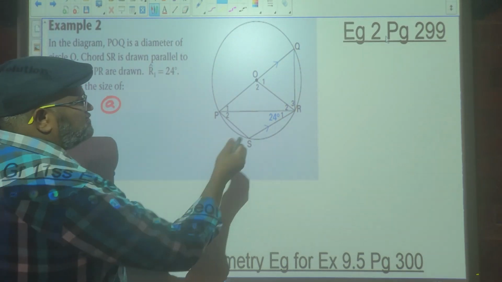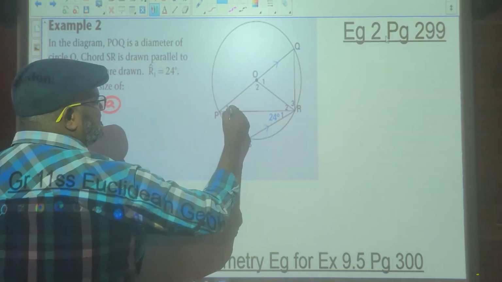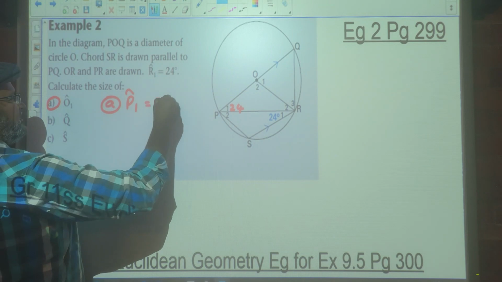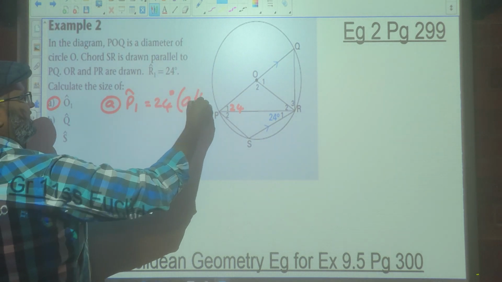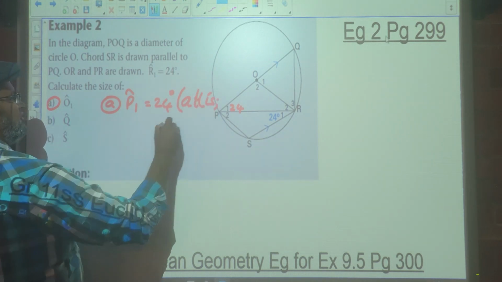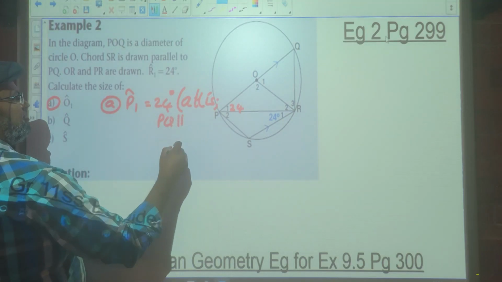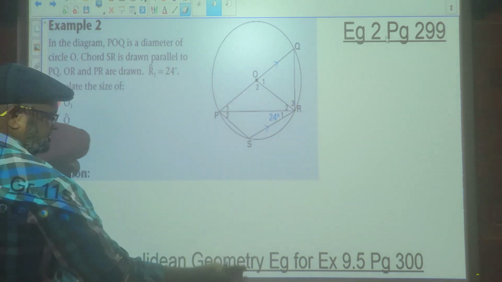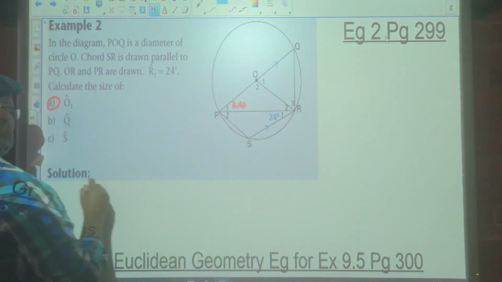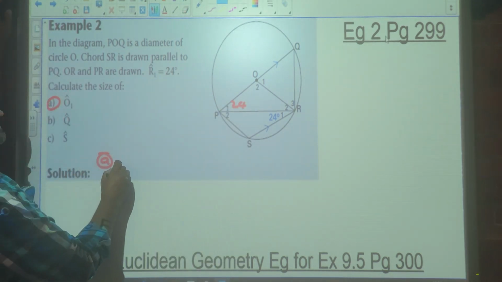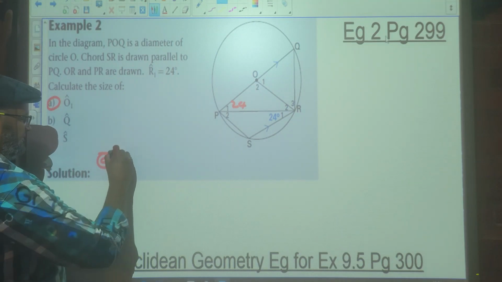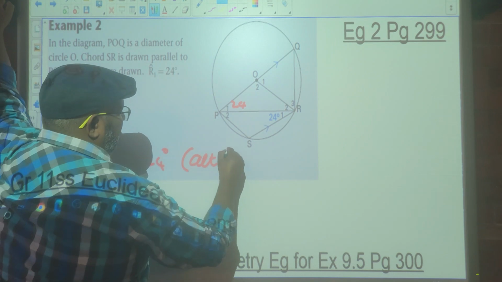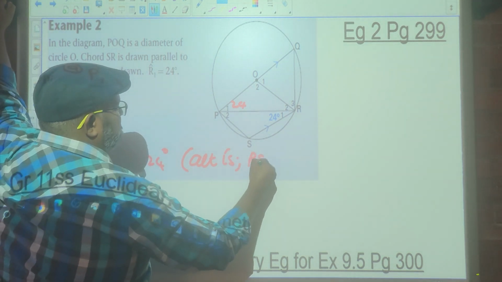So firstly, again, you're not going to go straight. So firstly, P1 is 24, it's equal to 24 degrees. So alternate angles with PQ parallel to RS. Okay, I'm just going to move this down. So we say P1 is equal to 24 degrees, alternate angles with RS being parallel to PQ.